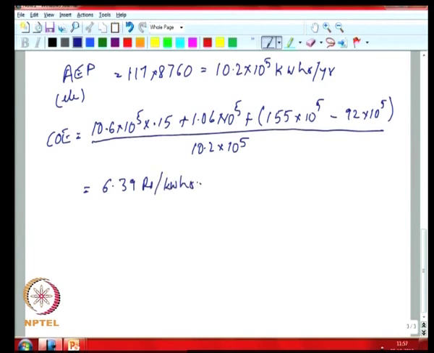So, you can see that even when adding terms for capital cost, the cost of energy did not increase significantly over the fuel cost. Ignoring the capital cost, it was 6 rupees 10 paisa. With the capital cost and operation and maintenance, it moved up to 6 rupees 39 paisa.